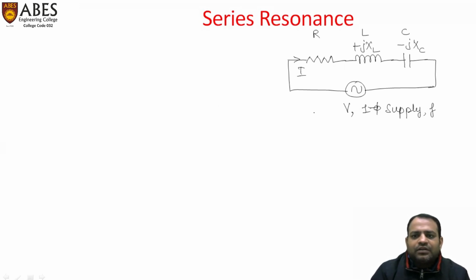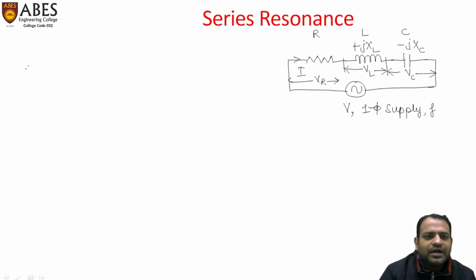Now, if we are talking about the voltage across R, L, and C, suppose voltage across R is VR, voltage across L is VL, and voltage across C is VC. So what is the relationship between these voltages and the current?